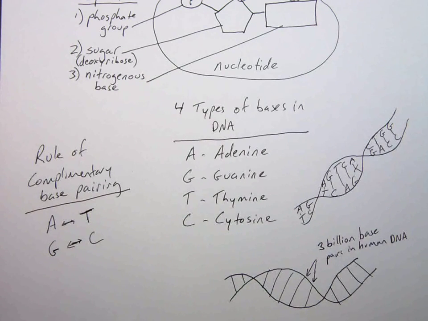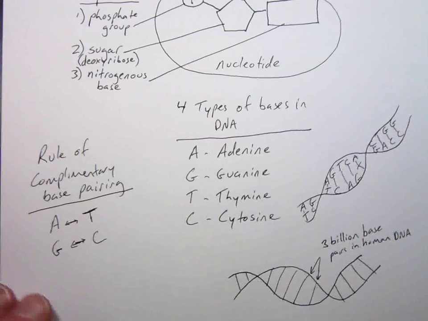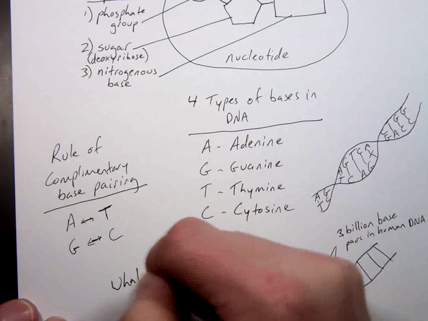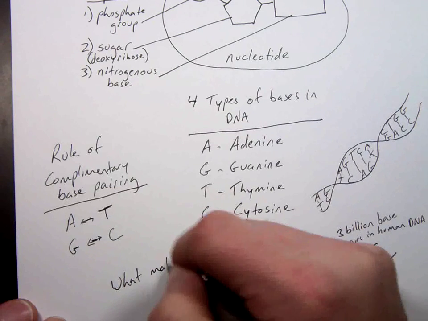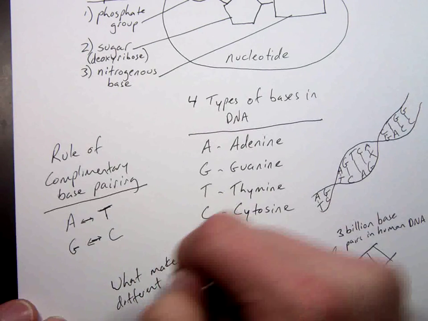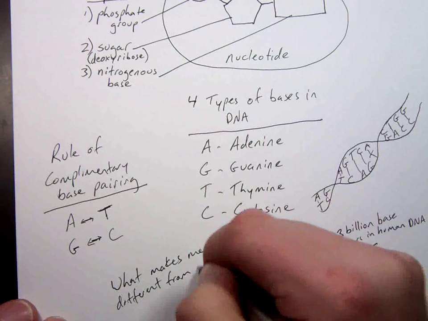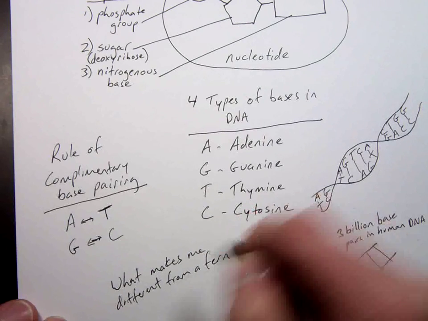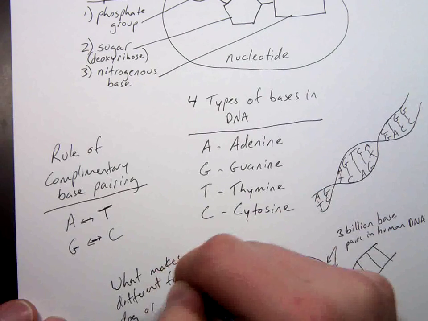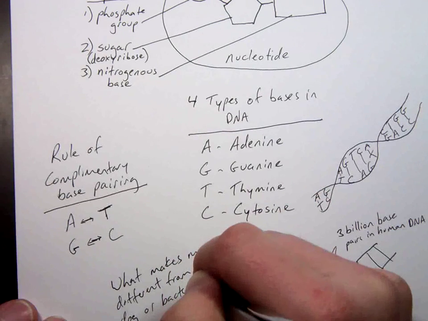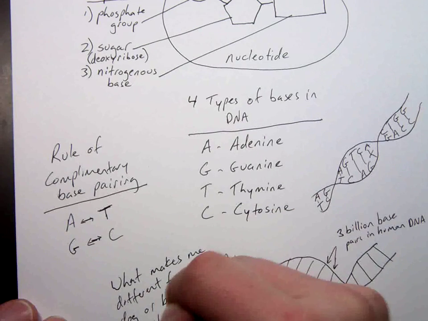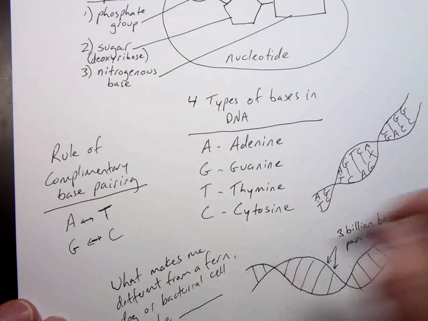And here's the big idea we're going to end with today. What makes me different from a fern, dog, or bacterial cell is the... is that parts of blank... pairs?